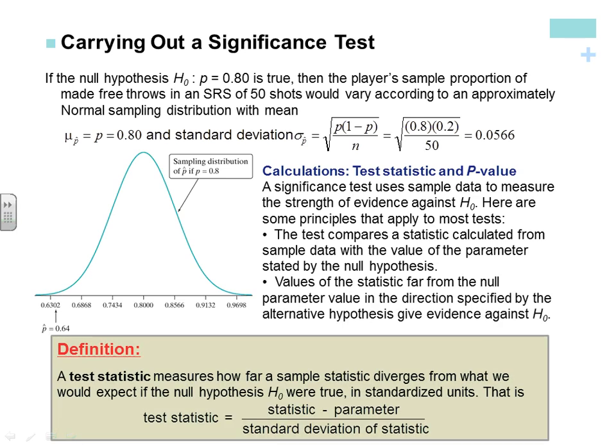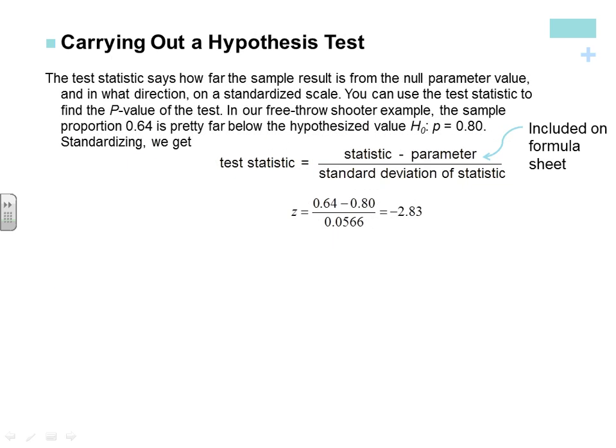All right, so we're going to have a test statistic to measure how far a sample statistic diverges from what we would expect if the null hypothesis were true, in standardized units. So you can always go back and convert to z. You can convert what you had, 0.64.